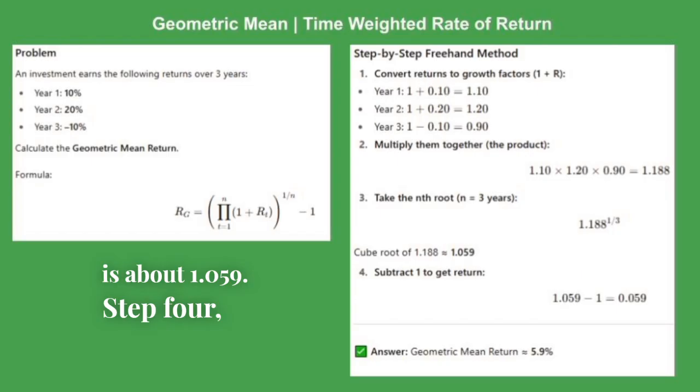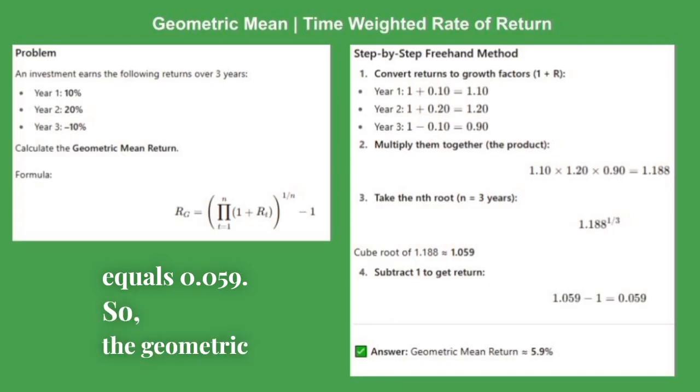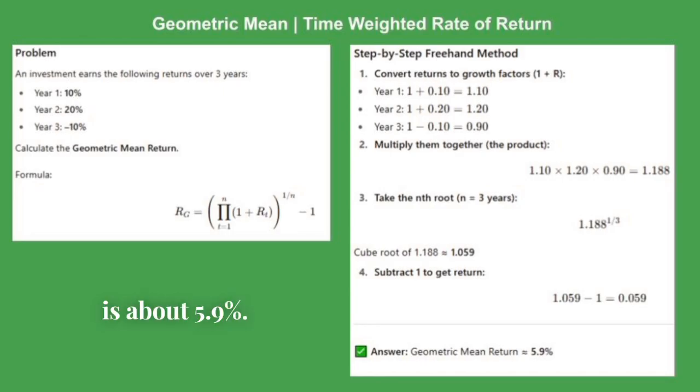Step 4, subtract 1. 1.059 minus 1 equals 0.059. So the geometric return is about 5.9%.